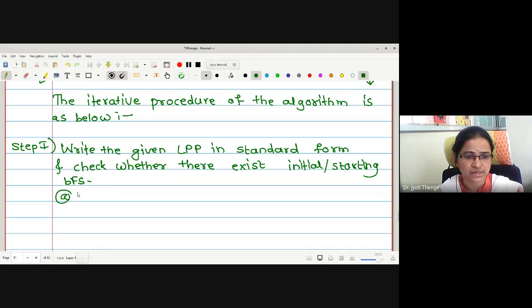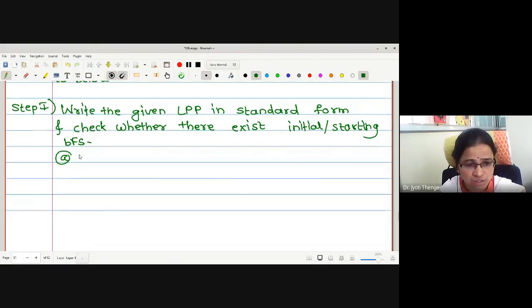Now two possibilities arise. If we get the initial basic feasible solution, there is no issue. The issue is when we do not get the initial basic feasible solution.